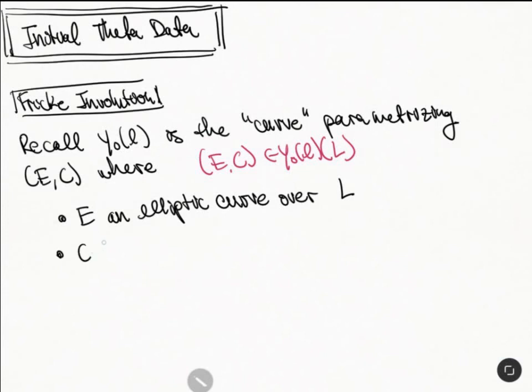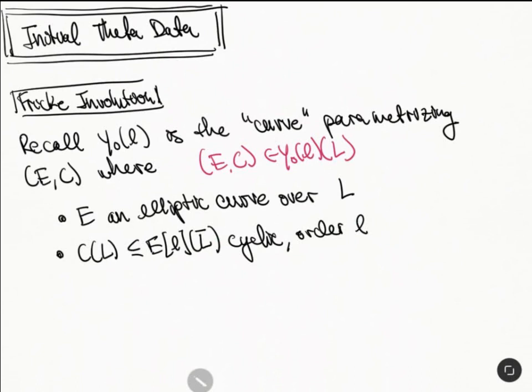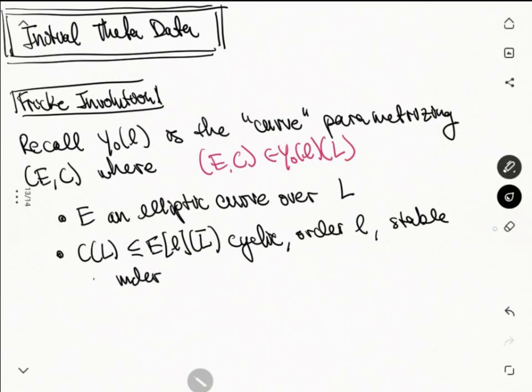So C(L) is a subset of E(L bar), cyclic of order L, stable under G_L bar over L. I'm sorry, I'm so slow.